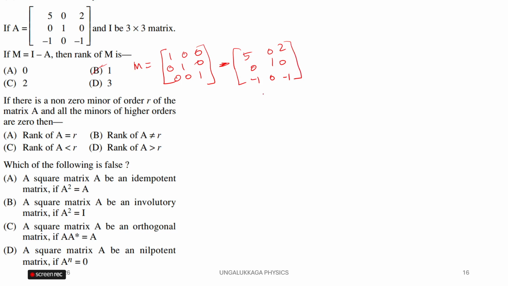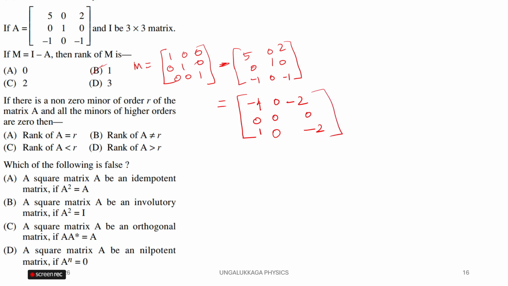So let's write it: we have minus 4 0 minus 2, 0 0 0, then we will have minus 1, minus 1 plus 1, and we will have 0 here, and minus 2.